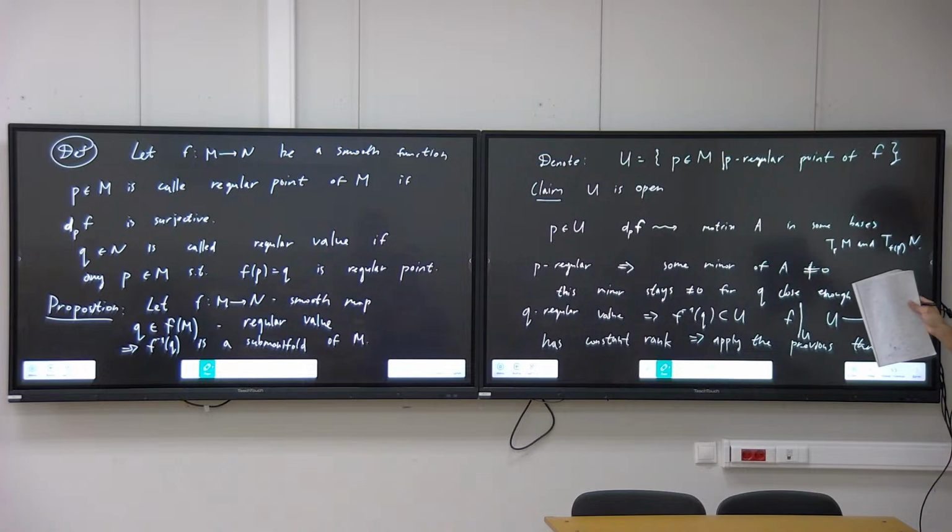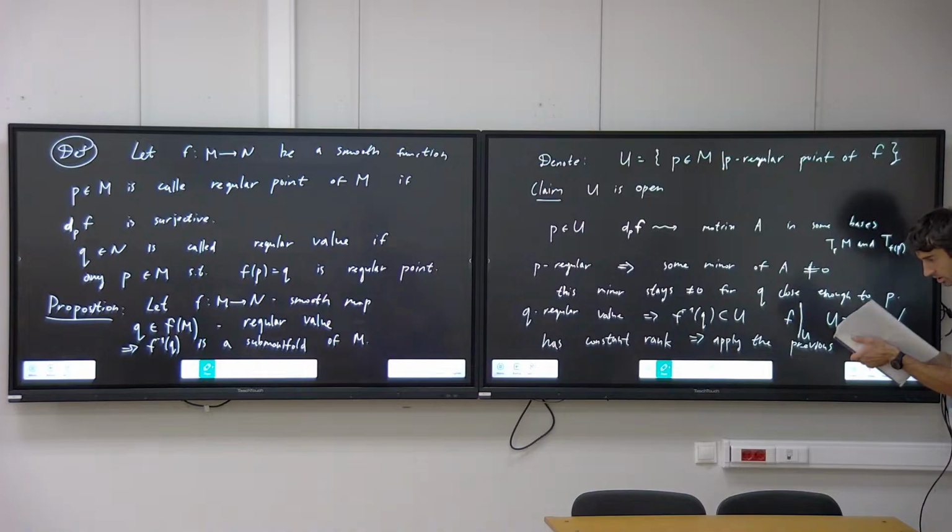This also works for regular values, so preimages of regular values. Okay, then let me finish with this submanifold stuff and move on.